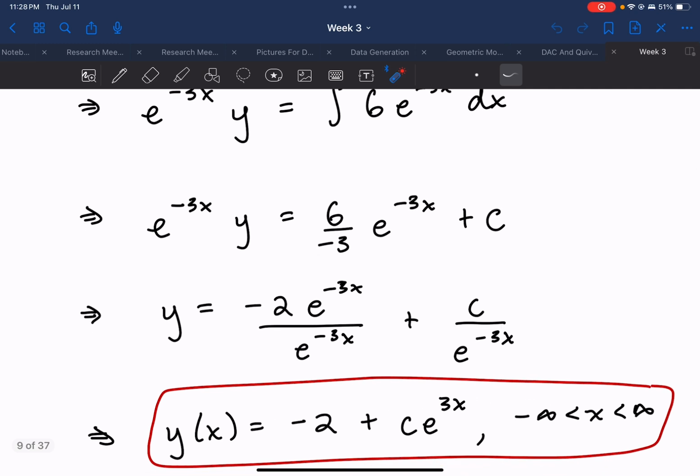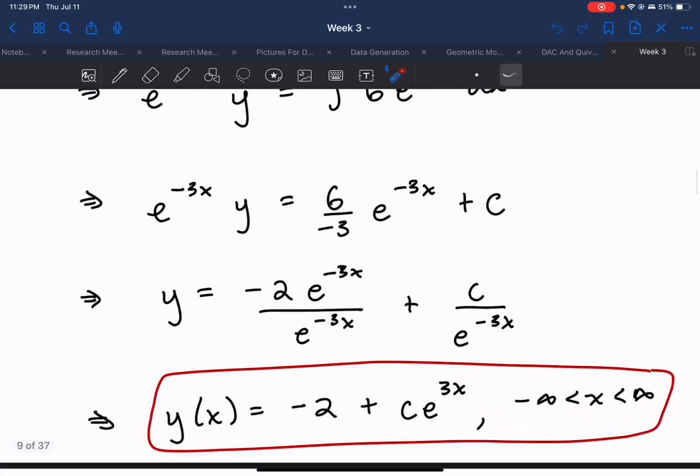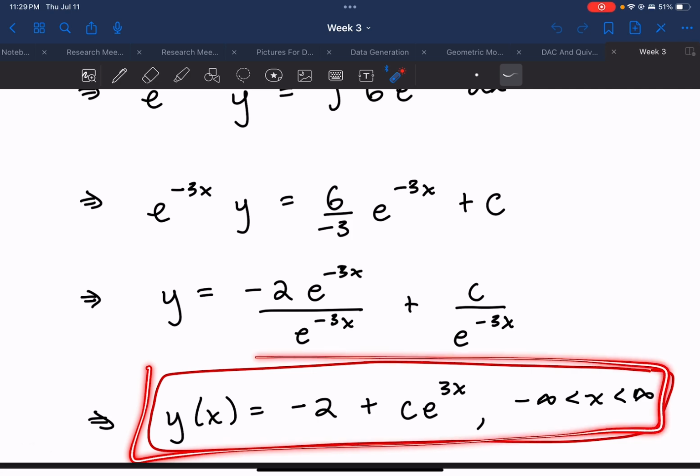The exponent rule says 1 over x to the negative nth power is equal to x to the positive nth power in the numerator, so dividing by e to the negative 3x means I can multiply by e to the 3x. This is just exponent rules. And of course, add an interval of solution. And that's it. This is the family of solutions to this differential equation.